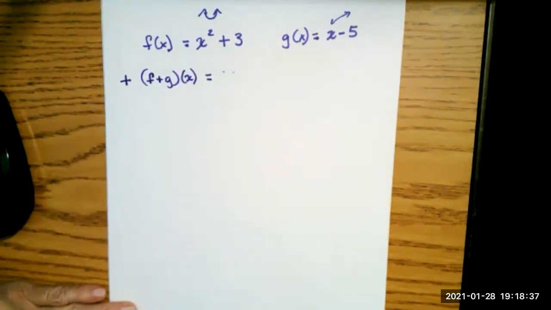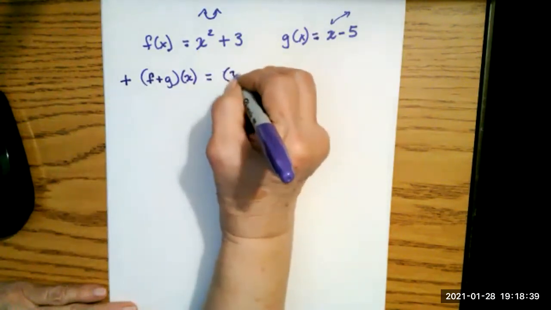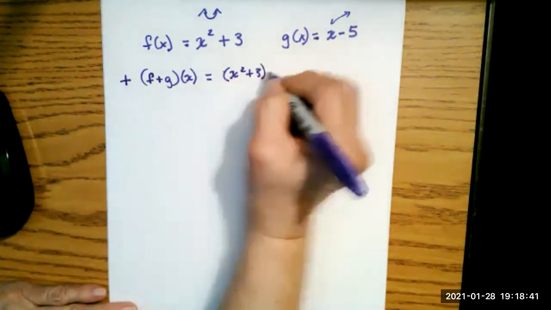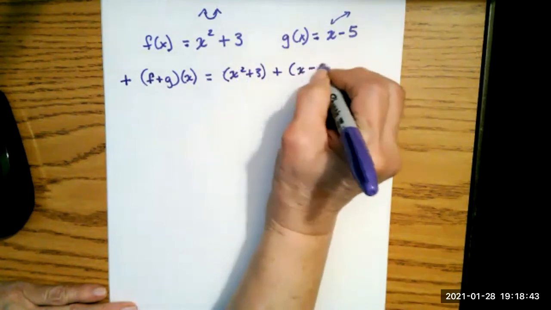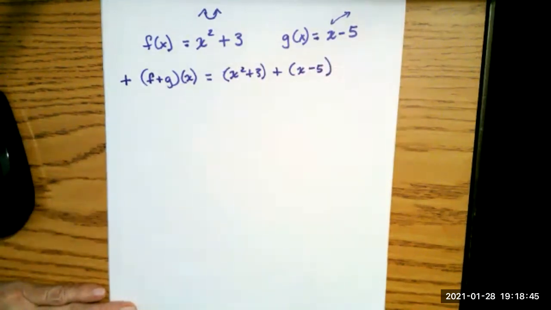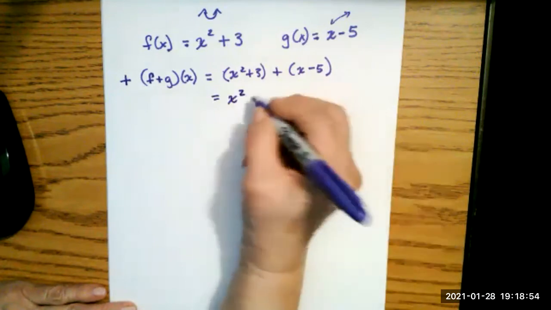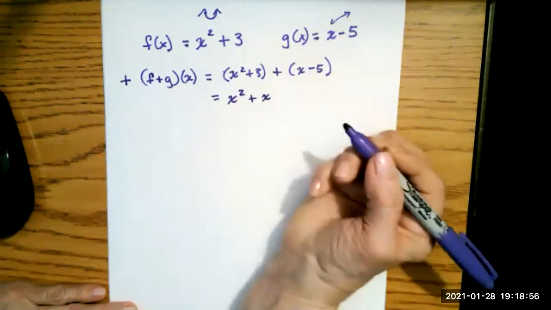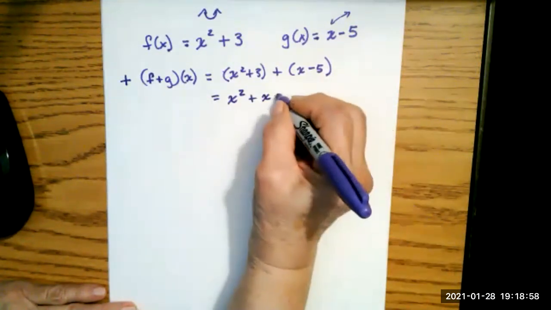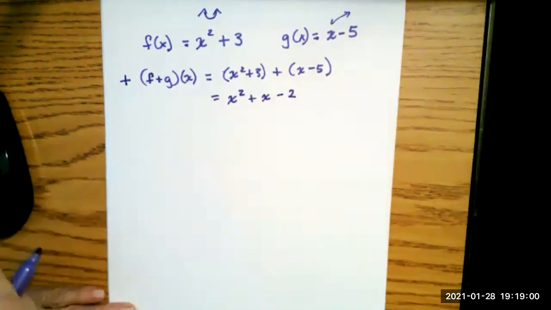What that's going to tell you to do is take your f function, x squared plus 3, and add it to your g function, x minus 5. And then all you have to do after that is combine like terms. There's an x squared, there's an x. You usually put them in descending order. And then you can combine your 3 and your 5 to -2.